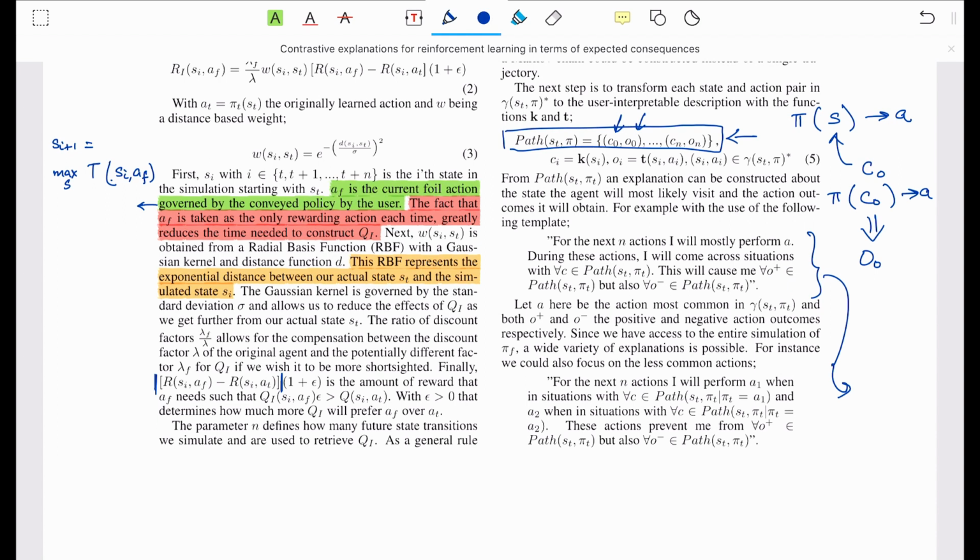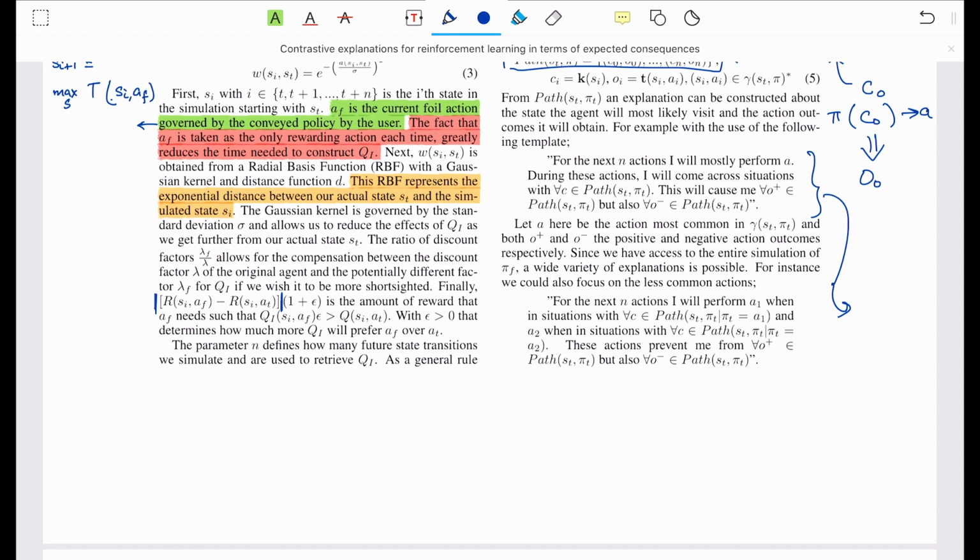This type of explanation is when you have the query based on only one single action, that is A. Otherwise, there is this second natural language template that they have for a partial plan. Something like, for the next n actions, I will perform A1 when this kind of situation is there, where so and so concepts are true and so and so outcomes are obtained.